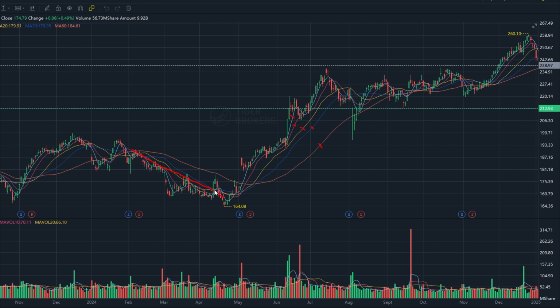Simple, right? Now, many of you might be wondering, how do we identify a sideways or range-bound market? It's actually very simple. When all the moving averages are tangled together and the price moves back and forth, there's no clear trend. That's what we call a consolidation or sideways market. Pretty easy to recognize, right?